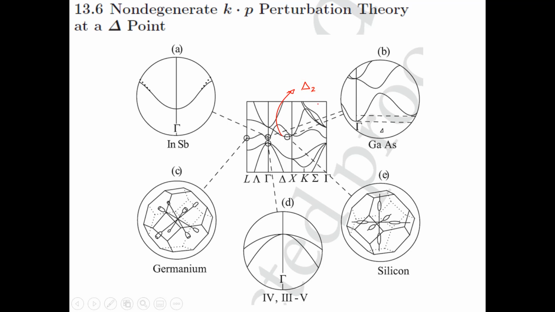So in order to investigate what matrix elements are important in k.p perturbation theory, first of all, in the group of the wave vector at the delta point, the momentum P transforms like the delta 1 plus delta 5 representations.